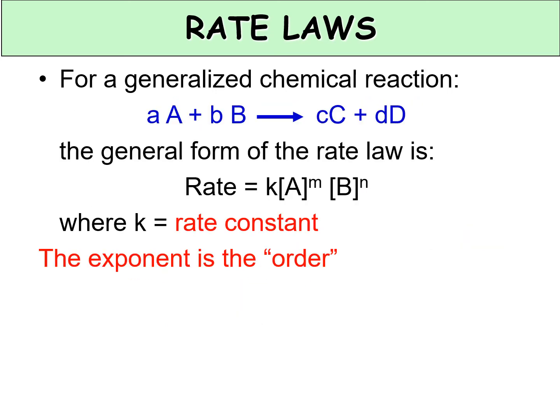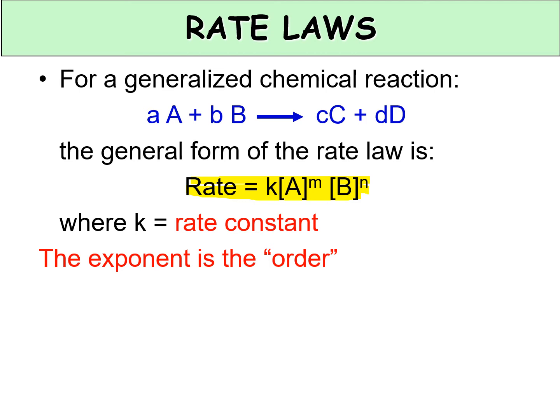So this is how the rate law typically looks. You have that the rate is proportional, according to a certain proportionality constant k, to the concentration of all the species that you see in the balanced equation on the reactant side.